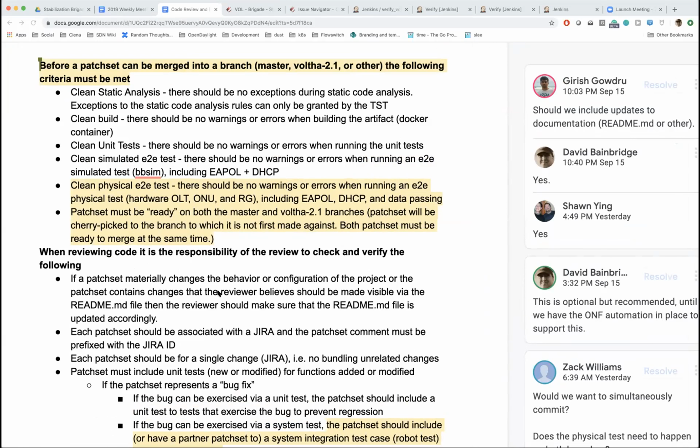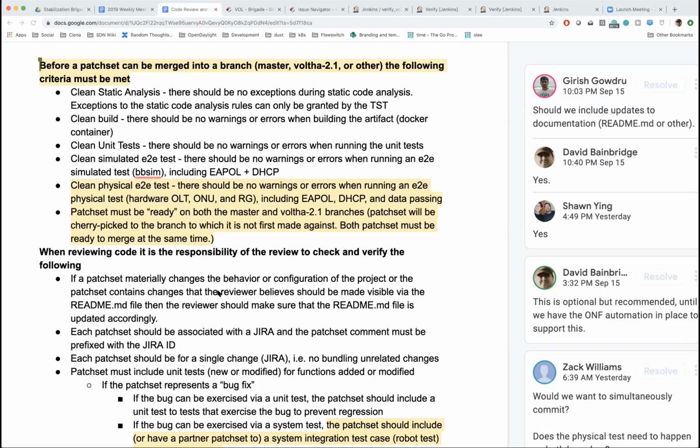So some very basic things that all patch sets must adhere to before they are merged. We're going to require a clean static analysis, usually activated by the make lint command, and we're going to add extended lint via the SCA target or go lint. What's the name of the other tool that adds more detailed lint? Anyway, doesn't matter.